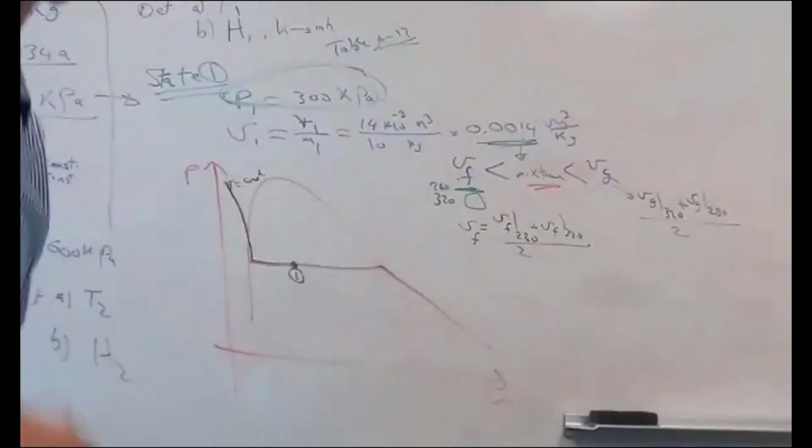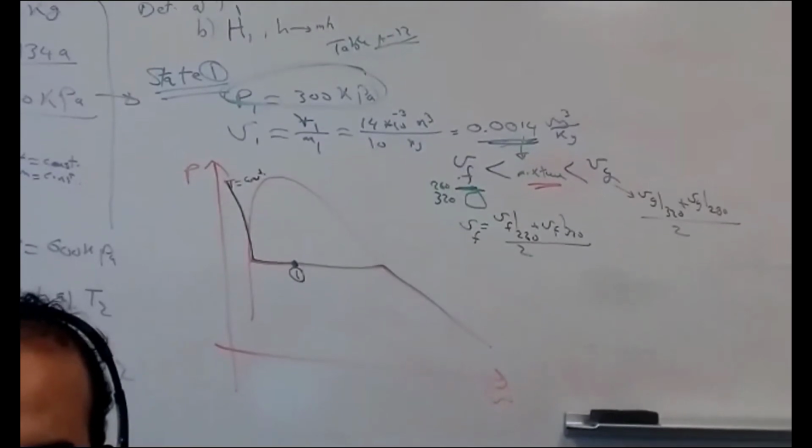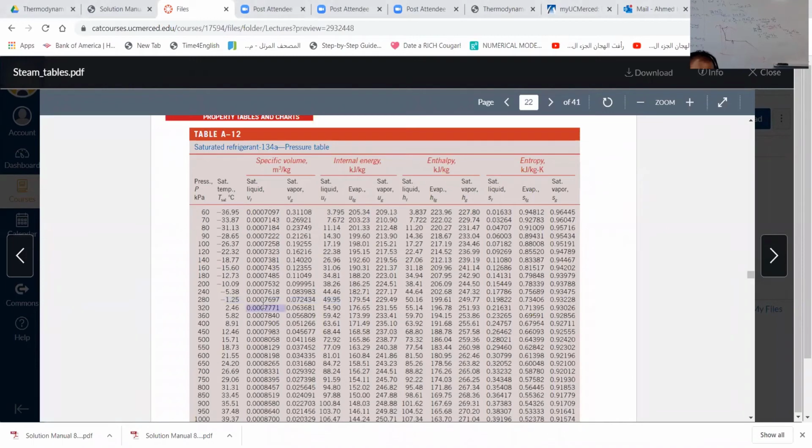These are given in the table. Let me open the table again. Please look at the table. Here, you have Vf at 320, Vf at 280, Vg at 320, Vg at 280. Make sense?